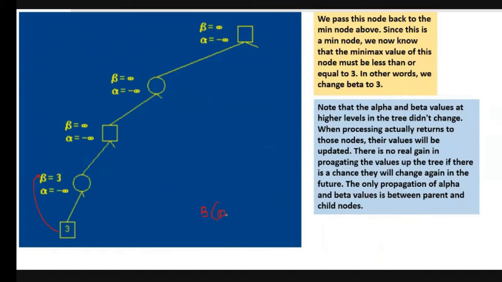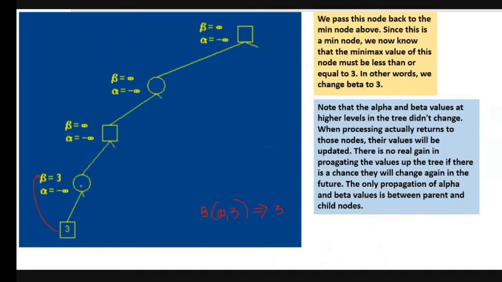If you compare infinity to this, the minima value is 3. So I have updated this minima value to 3. Everywhere we will do this, either for alpha or for beta, depending upon the maxima or the minima node. So here we have updated the value of beta.